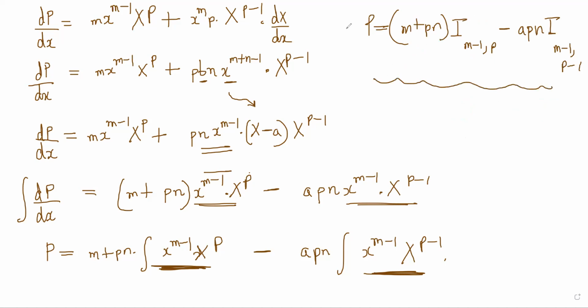So basically P is the expression that we constructed, so P is coming as equal to this. Now you can solve for this from here, right? Bring it to the other side, divide by m plus pn and so on.